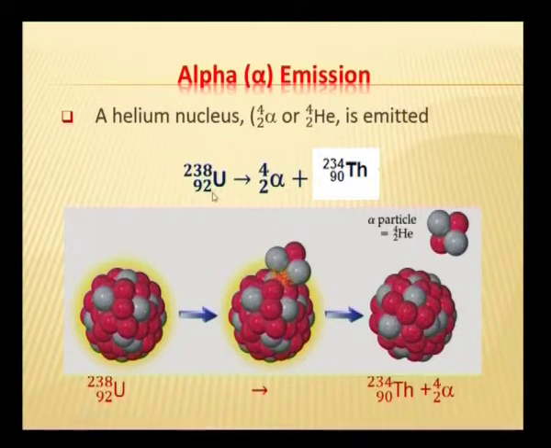The mass number is nothing but the mass of the protons and the mass of the neutrons. It is unstable, and it gives rise to an alpha particle plus another atom.